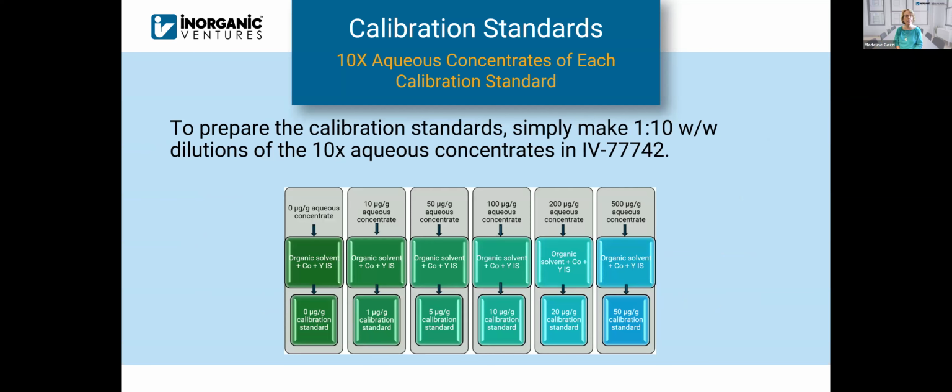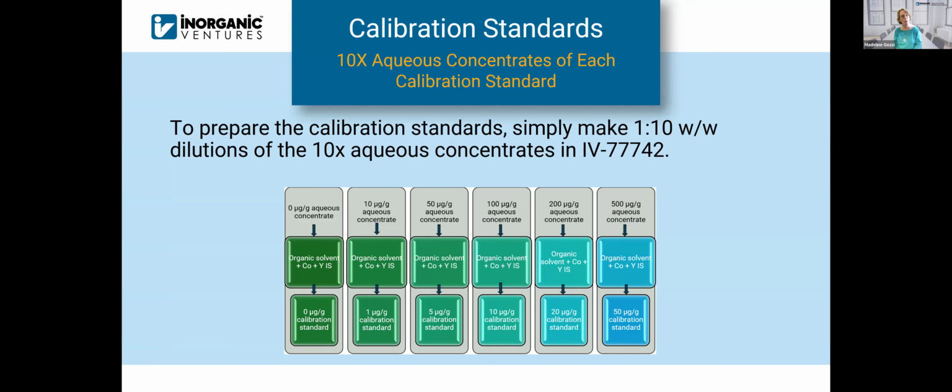Here you see a little schematic showing the dilution procedure for the aqueous standards into the organic solvent. You're just making a 1 to 10 weight to weight dilution of concentrates of the aqueous standards to give you the final concentrations that I mentioned.